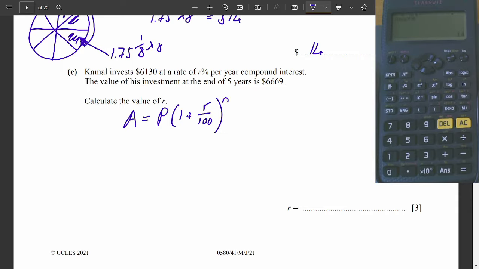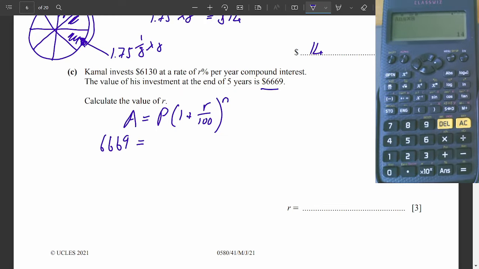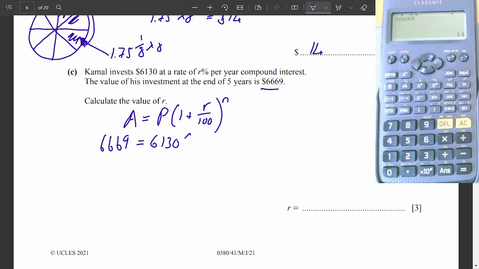So the amount we have at the end of the time, they've given that to us, which is $6,669. The principal, the amount we start off with, is 6,130. R is the one we don't have, so we leave it at that. And it was a time of 5 years. So we need to solve this to find out what's R.